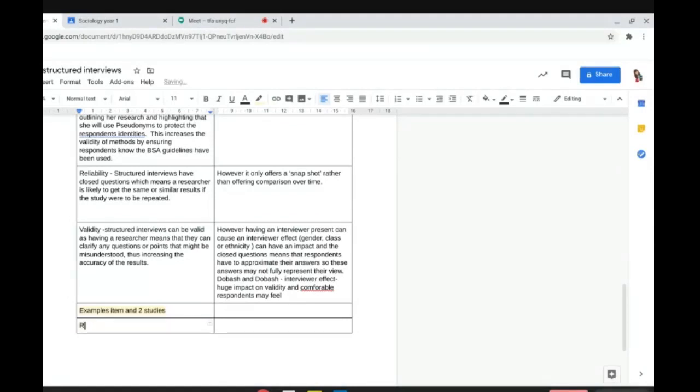Okay, so the last paragraph, because theory, if you remember correctly, I've already done because it was covered in the introduction. So the R is representative and generalizability. They go together.